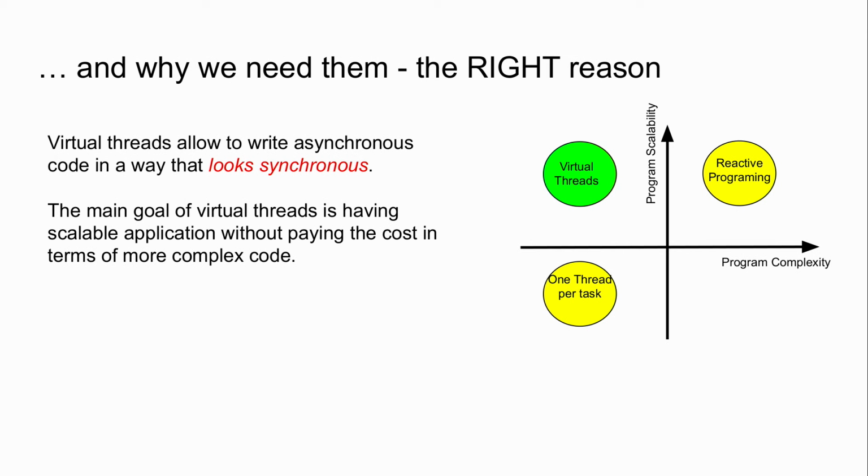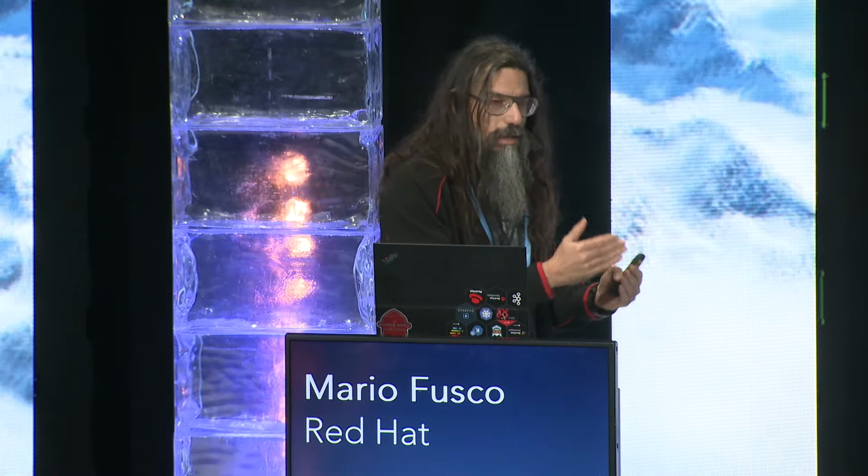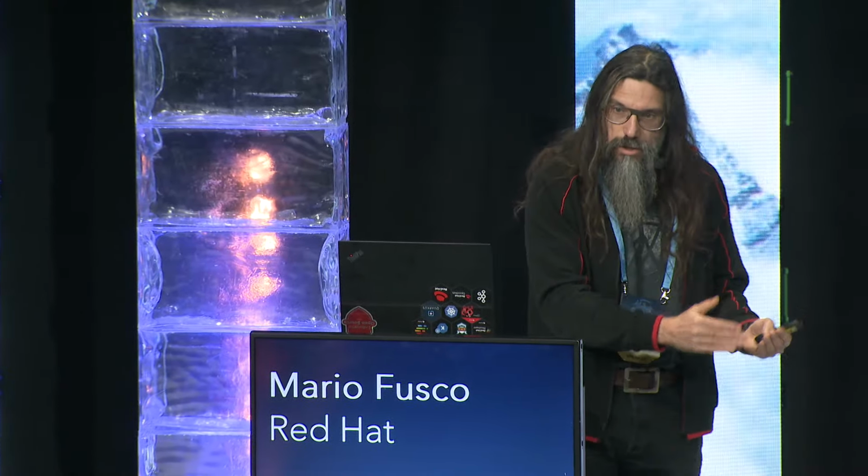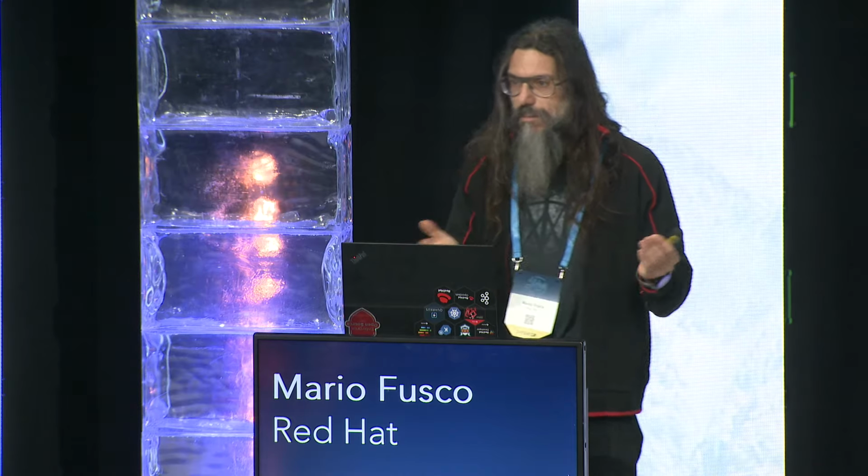Because when they wait, they are not consuming resources in a wasteful way. If you make a native thread wait, you are using that native thread and nobody else can use it. If you make a virtual thread wait, the virtual thread can be removed from the carrier, from its native thread, and the native thread can be reused for something else, which is exactly the same thing that you do with reactive programming, but without, again, the craziness and the verbosity and the complexity of reactive programming.